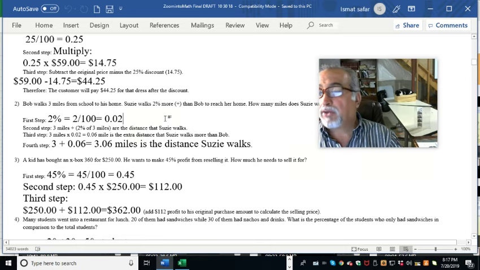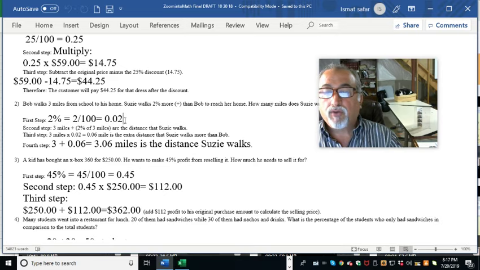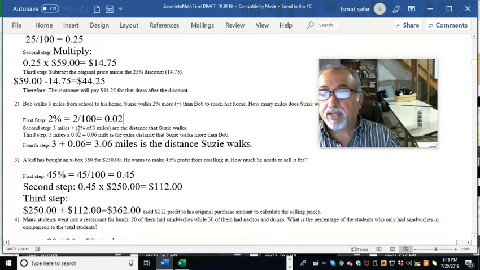Now, 2% more than 3. We find out how much 2% is first. 2% is 2 over 100, which is 0.02. Now, what is 0.02 of 3 miles? 2% of 3 miles is 0.06.